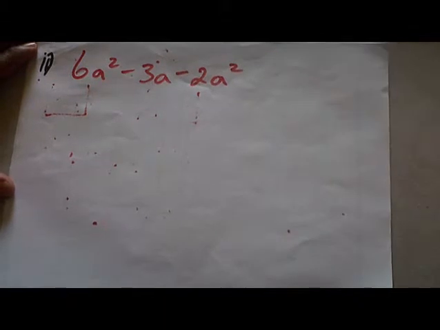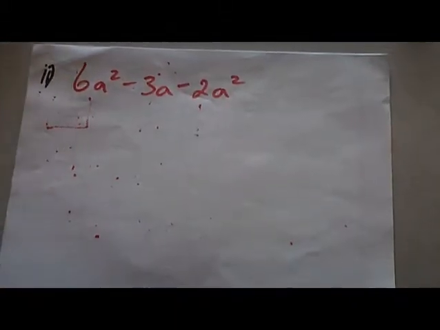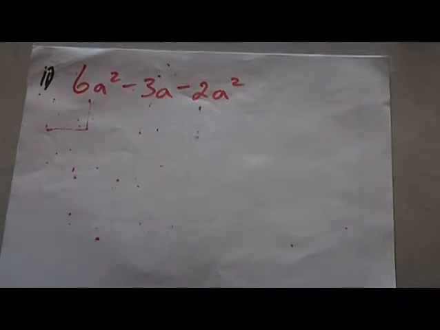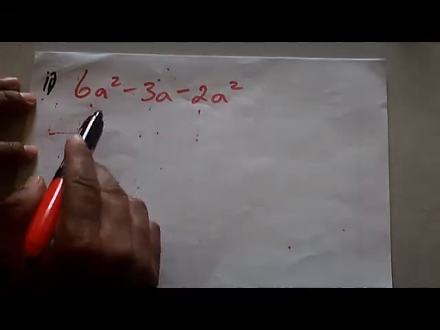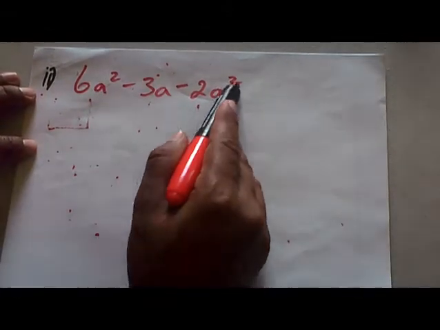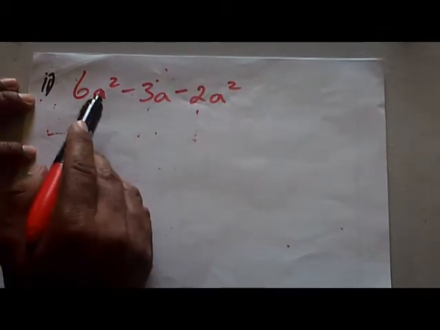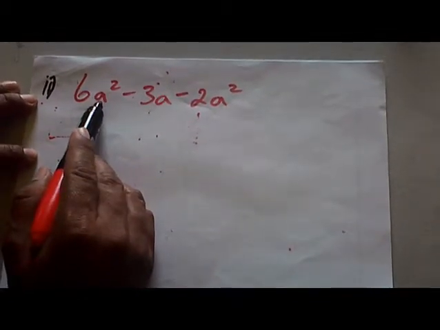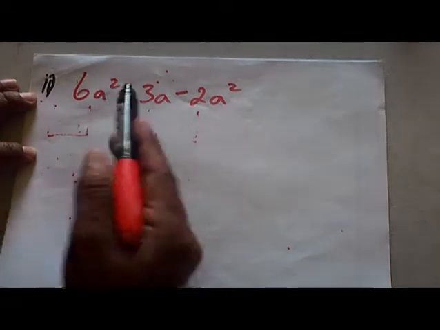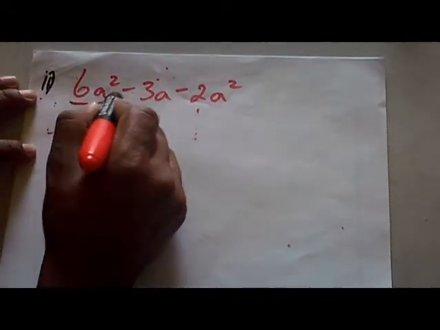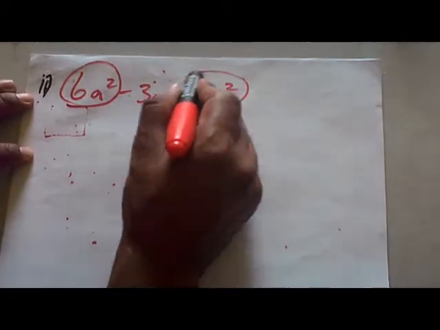Secondly, 6a squared minus 3a minus 2a squared. Again, we need to look at the like terms. If you notice, we have a 6a squared and we have a 2a squared. They are like terms because they have the same variable and the same power. So if we want, we can place a circle around these so that we can recall these two are the same. And let's combine like terms.